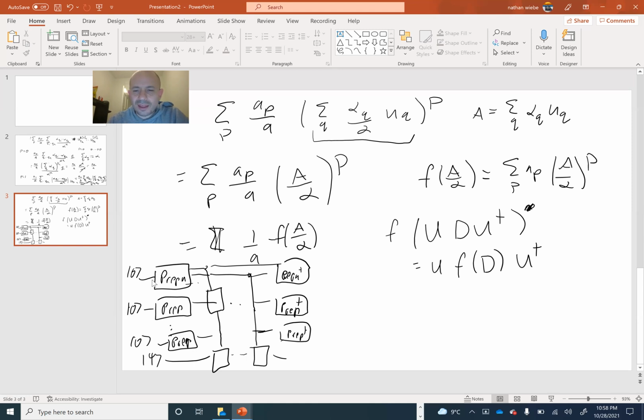And so that in effect is saying, because this diagonal matrix is the eigenvalues that we have for the matrix in question, this transformation function that we're considering on the block encoded matrix can be viewed as actually just a transformation on the eigenvalues of the matrix, keeping the eigenvectors intact.